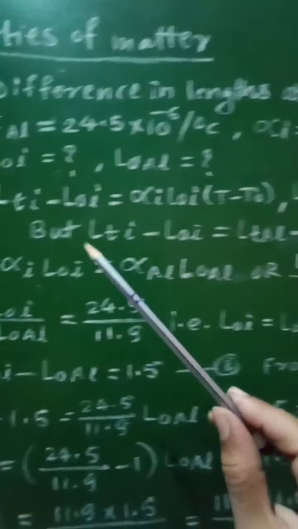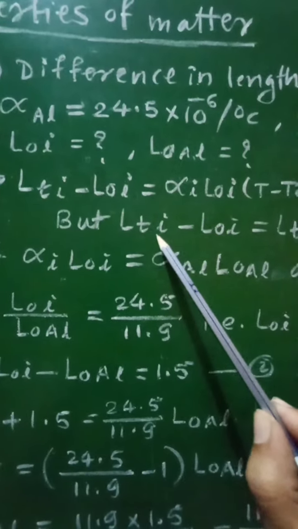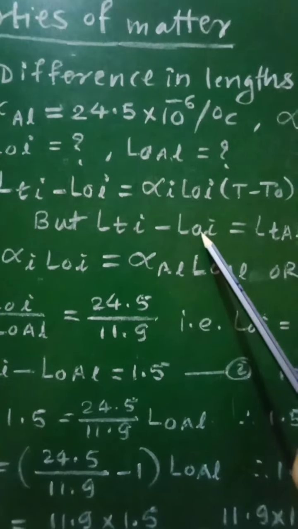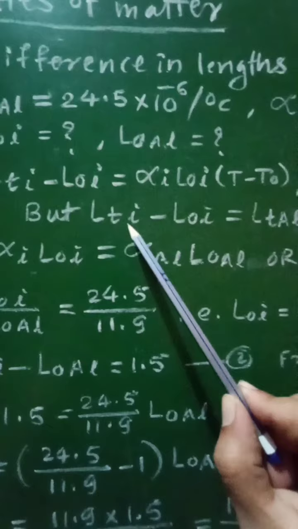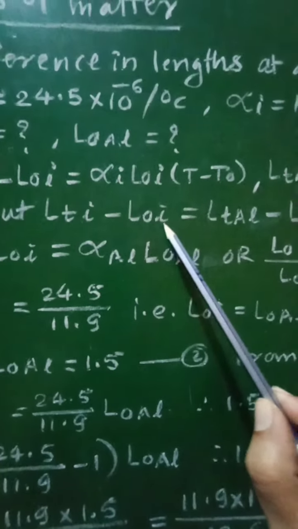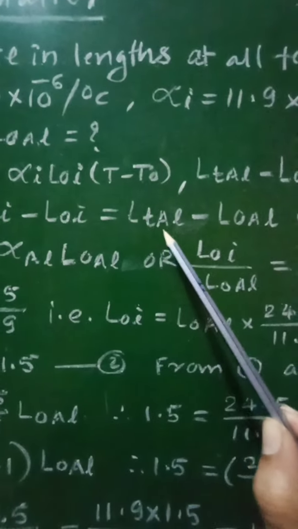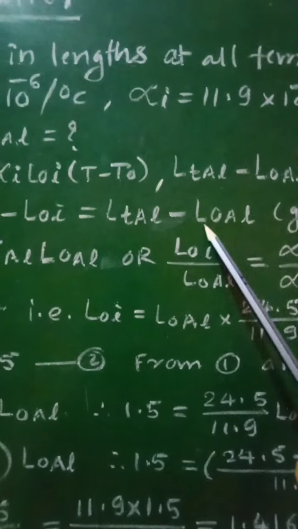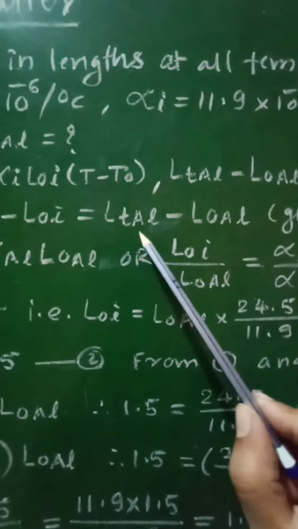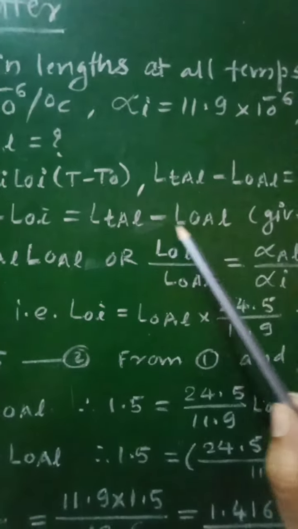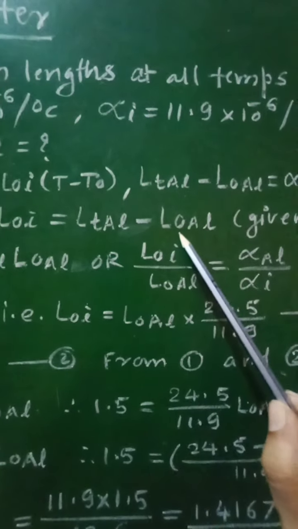Then we are given LTI minus L0I is equal to LTAL minus L0AL, that is, the difference between their lengths at all temperatures is given.